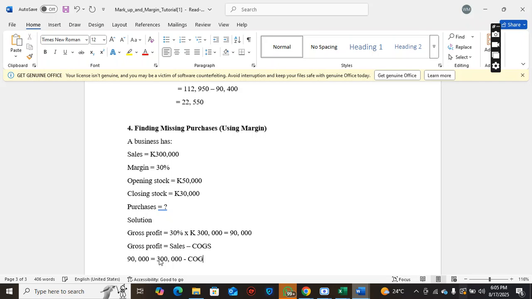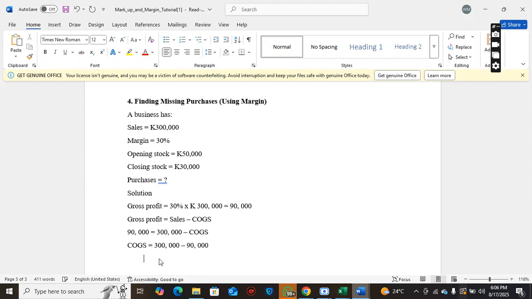So cost of goods sold crosses the equal sign, and the 90,000 also crosses the equal sign. Cost of goods sold is just your sales minus gross profit. 300,000 minus 90,000 is 210,000.